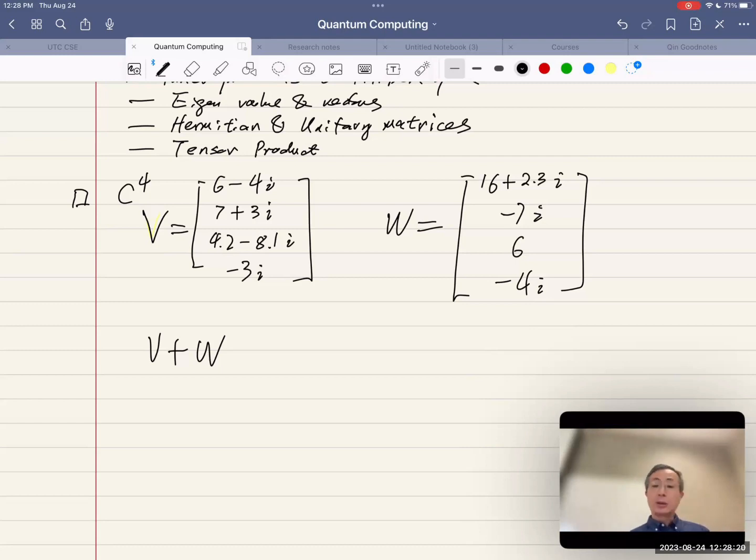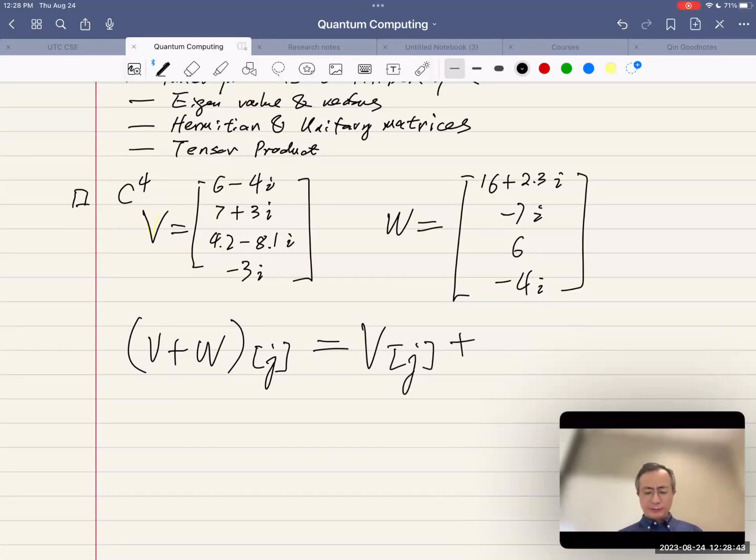Yeah, it is this way. So the sum of these two vectors is kind of v. Oh, I see. There will be some confusion.